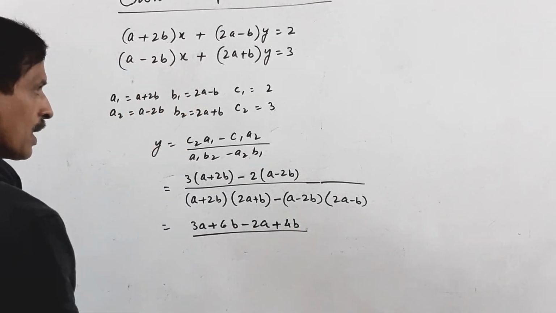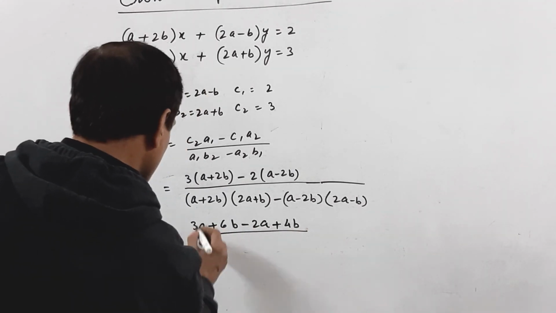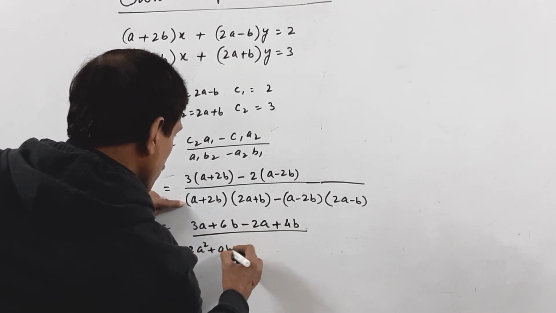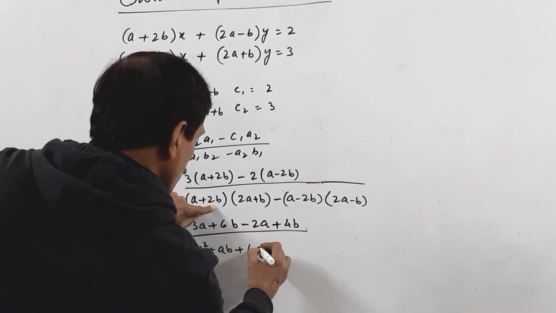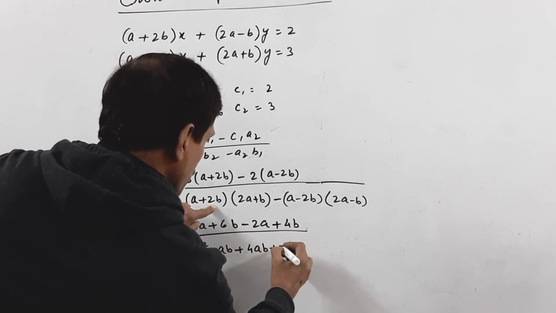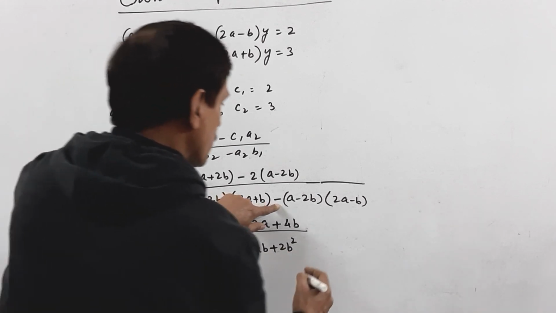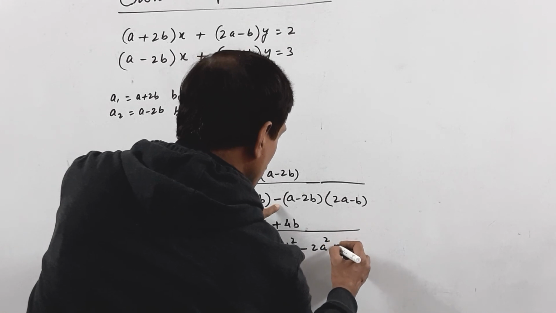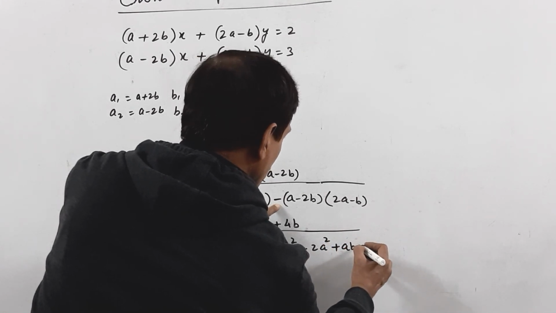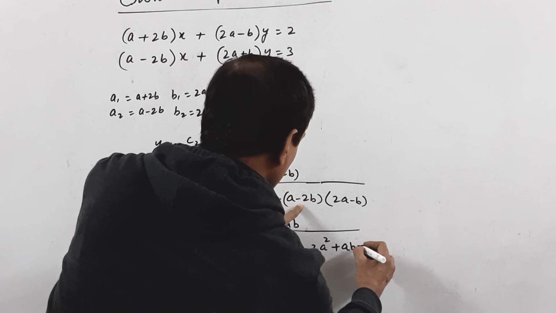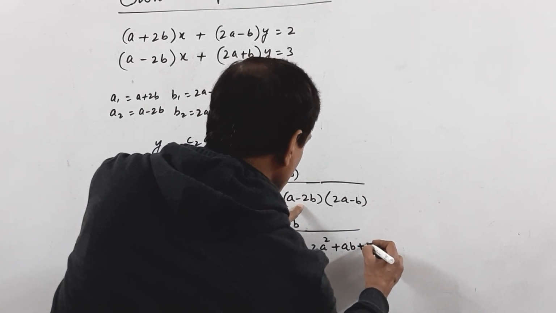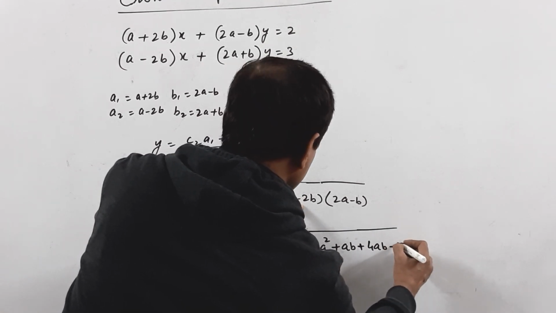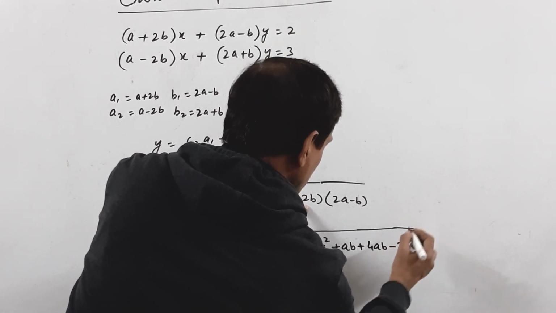upon twice a square plus ab plus 4ab plus 2b square minus twice a square plus ab plus 4ab minus twice b square.